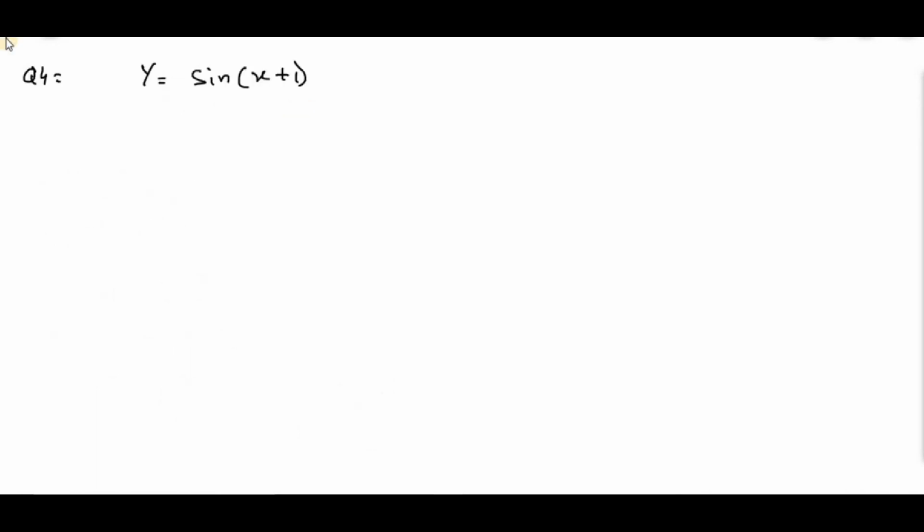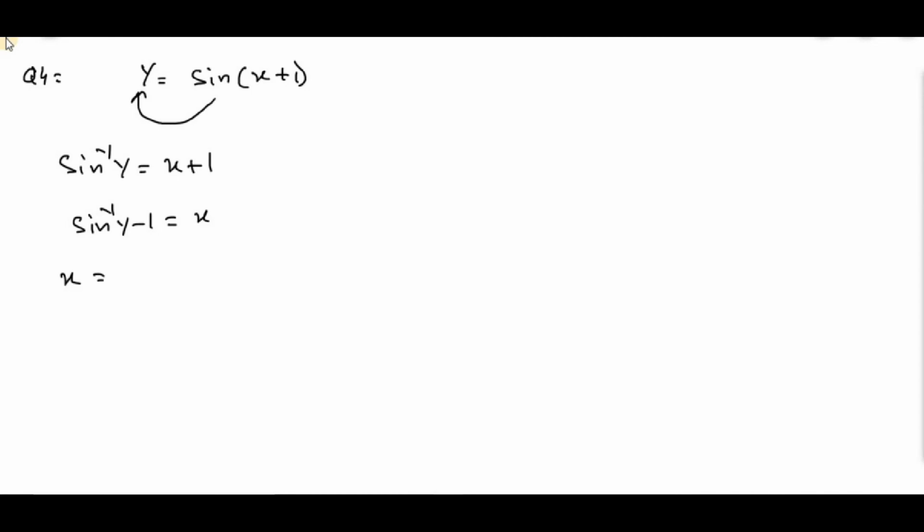Now question number 4, we have a trigonometric function and we have to find out its domain because the range is already given. Since it is a trigonometric function, we have to shift this sine to the left hand side and it will become the inverse. So sine inverse y is equal to x plus 1, and now just simply rearranging, sine inverse y minus 1 is equal to x.